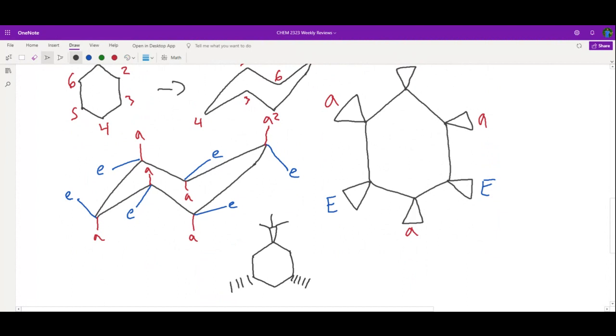If I were to transform this into a chair, not the prettiest chair, again I'm going to label my carbons.